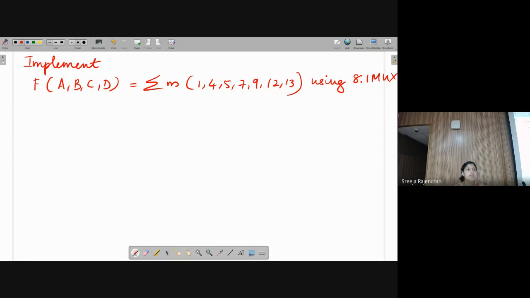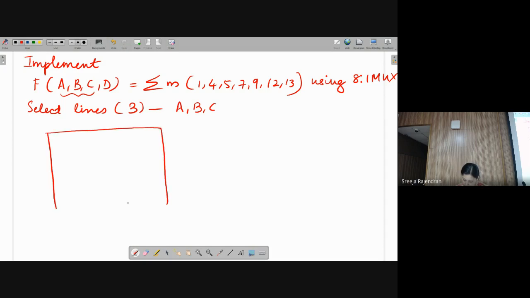An 8:1 mux means how many select lines do I need? 3 select lines. So I will take A, B, and C as my select lines. Let me just draw the K map for this particular case.